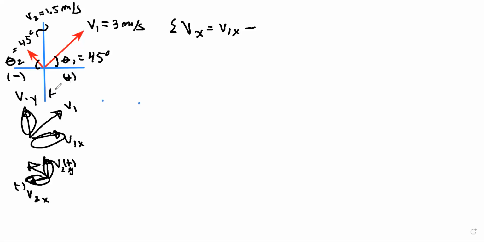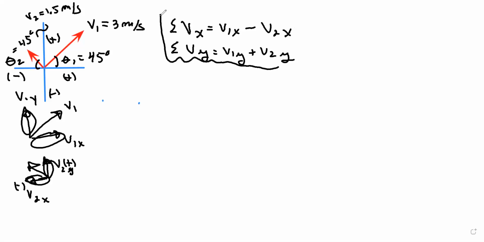So it's going to be v1x minus v2x. And the summation of the vectors in the y direction is going to be v1 in the y direction plus v2 in the y direction. So this is how we get all the vectors in the x direction and all the vectors in the y direction.